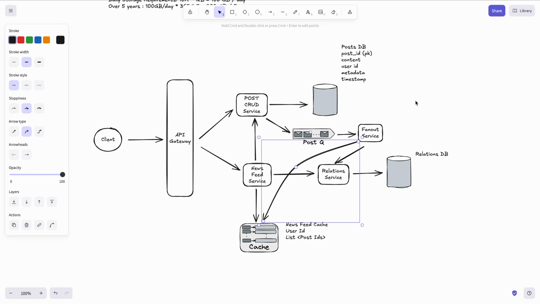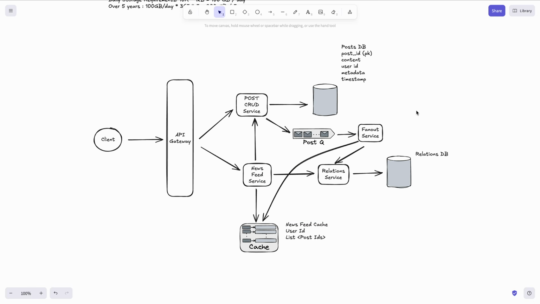And this process is called fan out on write because the post is pushed to all the users in advance. And this newsfeed cache is the secret to low latency reads. The newsfeed service now simply fetches a user's pre-computed feed directly from this cache, which is incredibly fast.